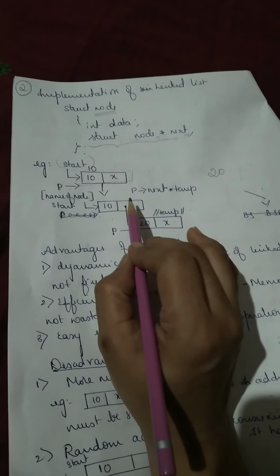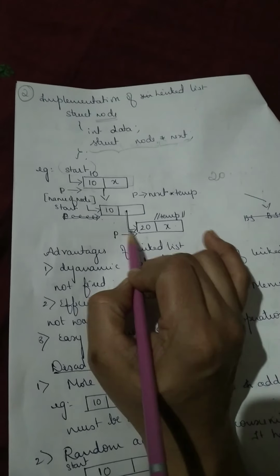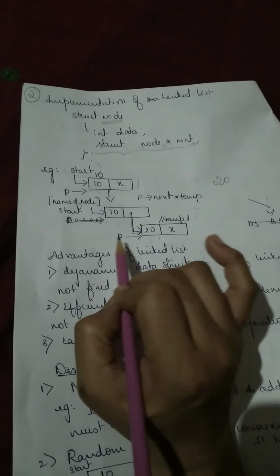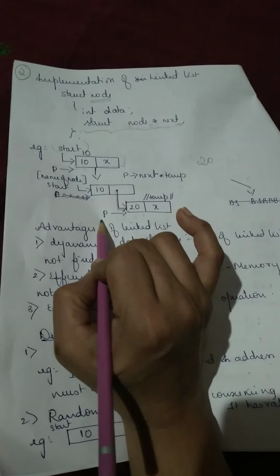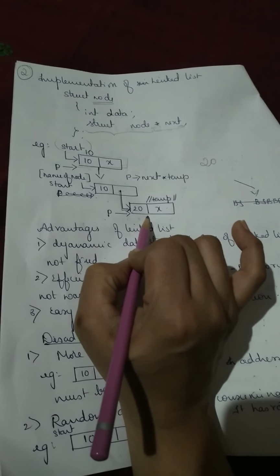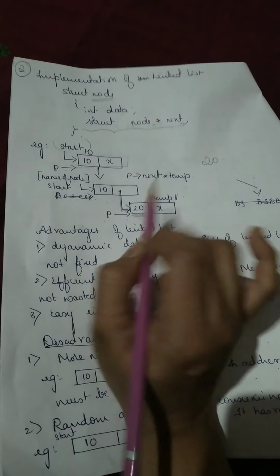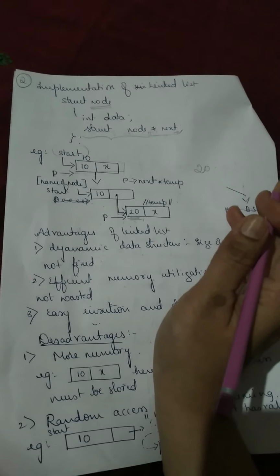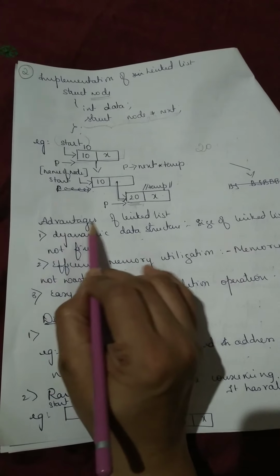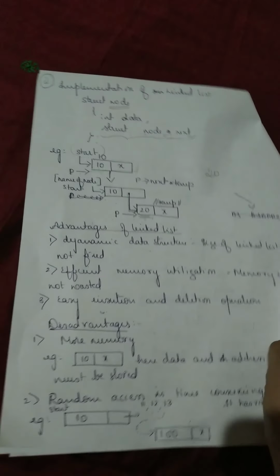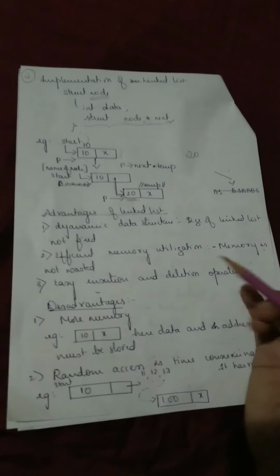The address of this node should point to this temporary node, and by this action p will point to this node. Now it will hold data 20. This is how we can create a simple node. Next we'll see the advantages and disadvantages of linked list.